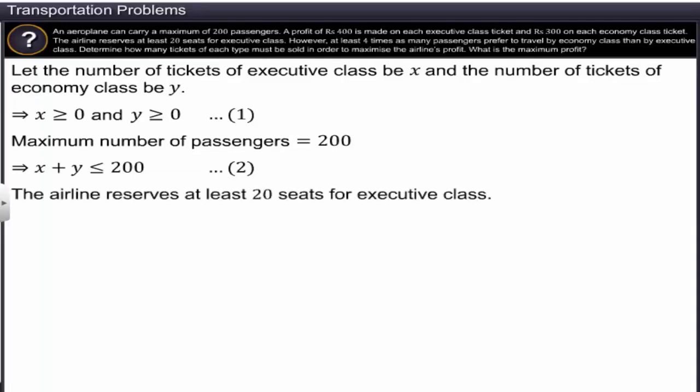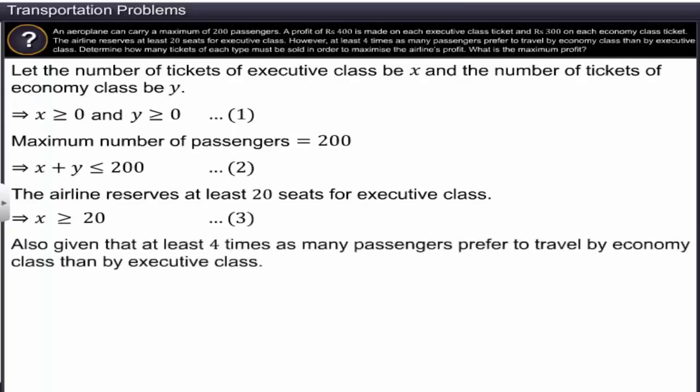The airline reserves at least 20 seats for executive class. It implies that x is greater than or equal to 20. However, at least 4 times as many passengers prefer to travel by economy class than by executive class. This gives us the inequality y is greater than or equal to 4x.